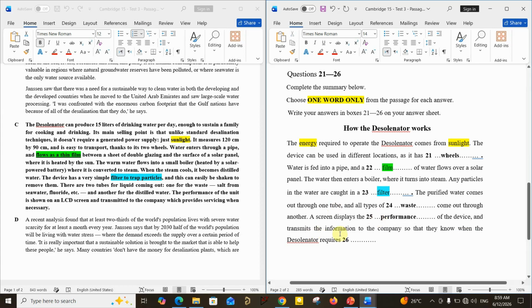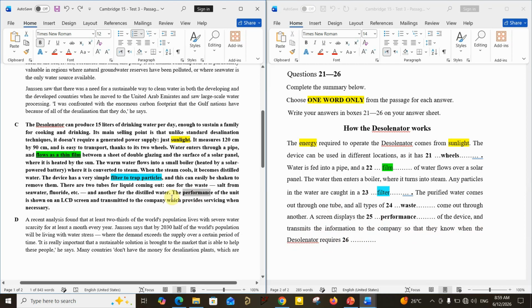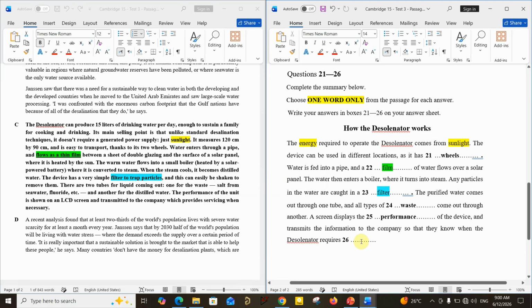And it transmits the information to the company so that they know when the desalinator requires what. It is transmitted to the company which provides servicing when necessary. So, requires servicing.